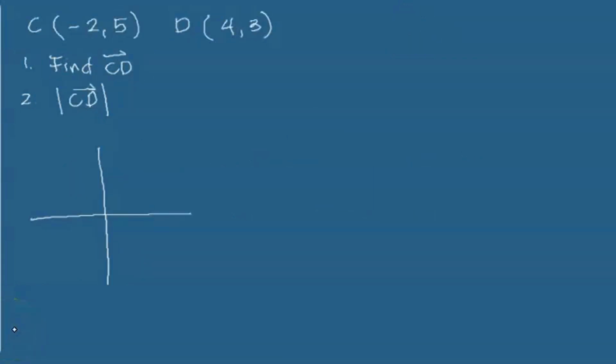Let's have another example. We have point C at negative 2, 5 and point D at 4, 3, and find the vector CD and the length of vector CD. So let's graph first point C. So it's negative 2, 5.